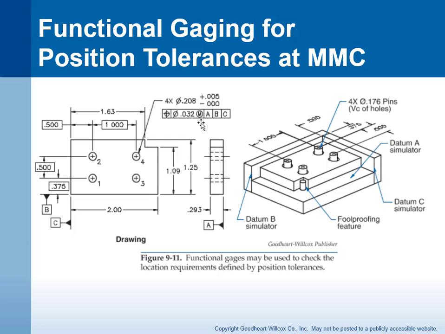And remember, to use a functional gauge, we have to have the MMC modifier here. So the MMC modifier allows you to use this functional gauge. And the functional gauge is something that's made to easily check the position tolerance of parts at maximum material condition. So this is how we inspect this feature control frame for true position.